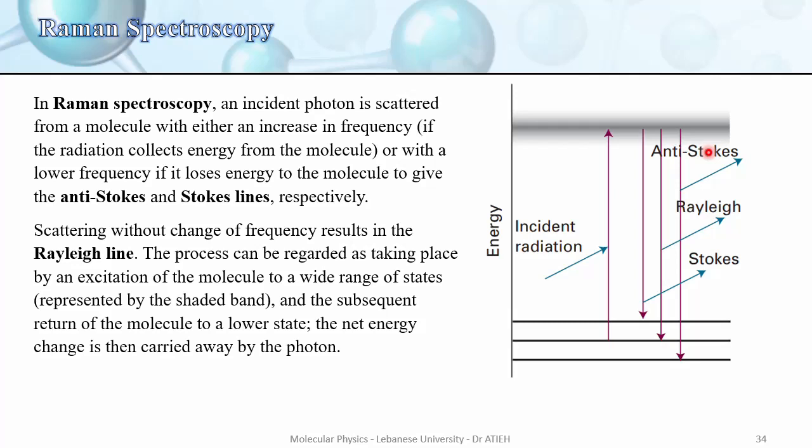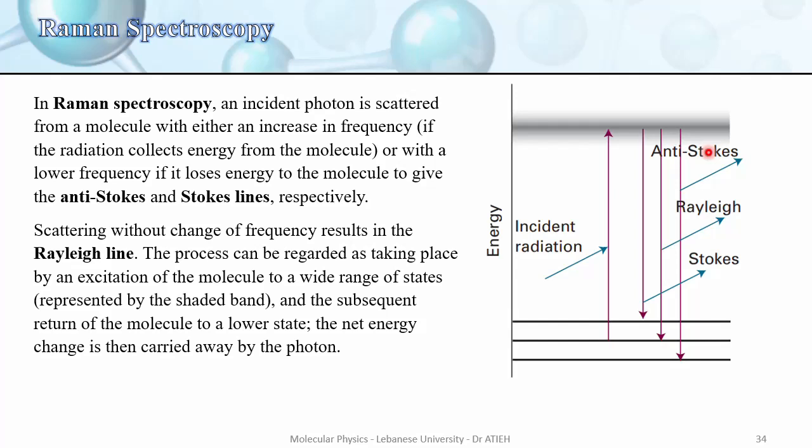If the scattered photon has an increase in frequency, we observe anti-Stokes lines in the spectrum. If it has a decrease in frequency, we observe Stokes lines in the spectrum, and if it has the same frequency as the incident photon, we observe a Rayleigh line. It's only a single line.